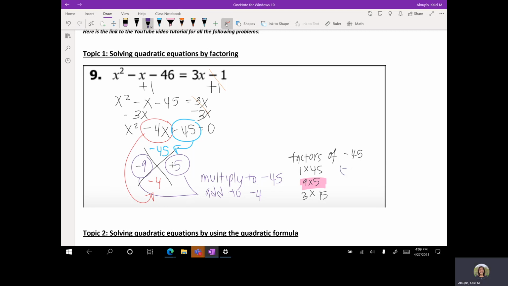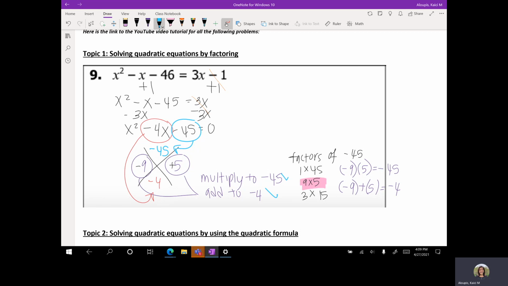Negative 9 times 5 is negative 45, and negative 9 add 5 is also negative 4.